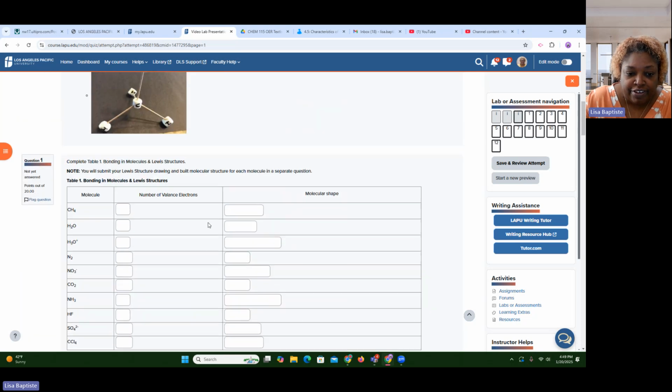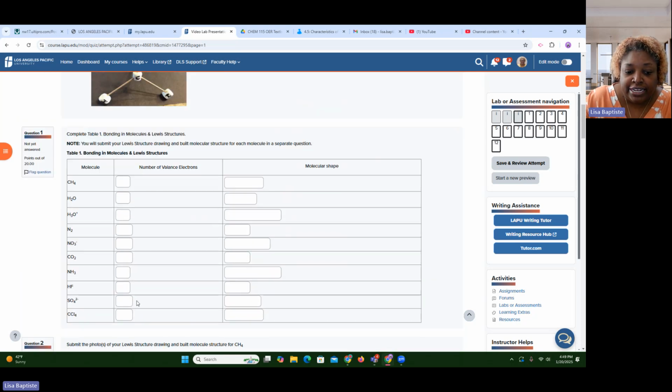Because you're going to go through the valence electrons as you fill in this table. When you're doing the number of valence electrons, you want to add them all up. One thing to note: if it has a subscript, that means you take that subscript and multiply it by the number of valence electrons. So let's do this first one together. C, carbon, is in group 4, so it has 4 valence electrons.